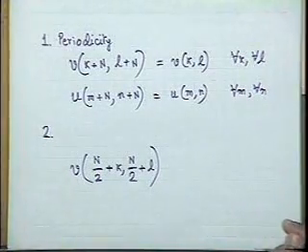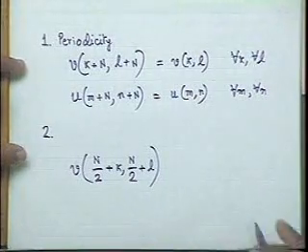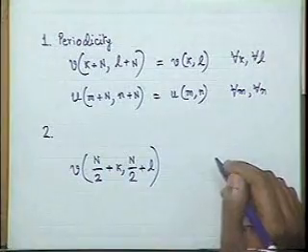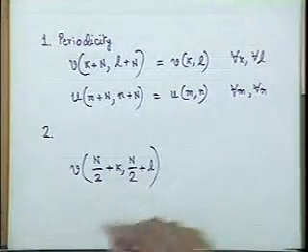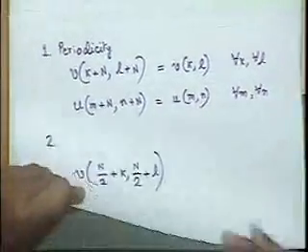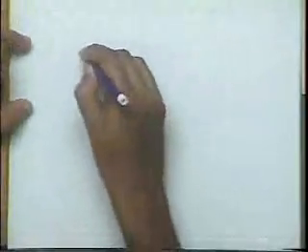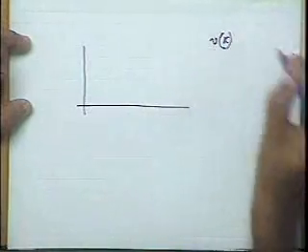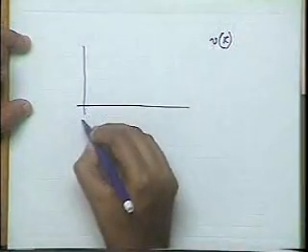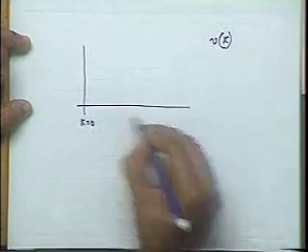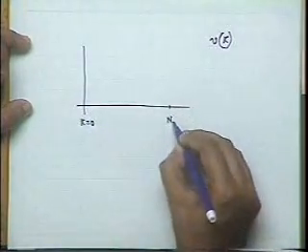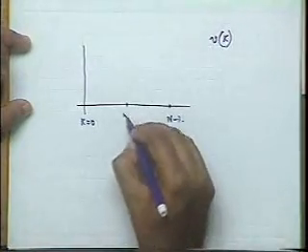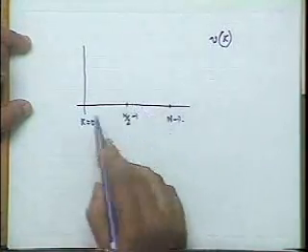Let us physically interpret this. Instead of drawing a two-dimensional function, let us consider a one-dimensional function like this. Supposing I am considering a function just V of k, where this is k equal to 0 and this is k equal to N minus 1, and here I have N by 2 minus 1, that is exactly the middle point.